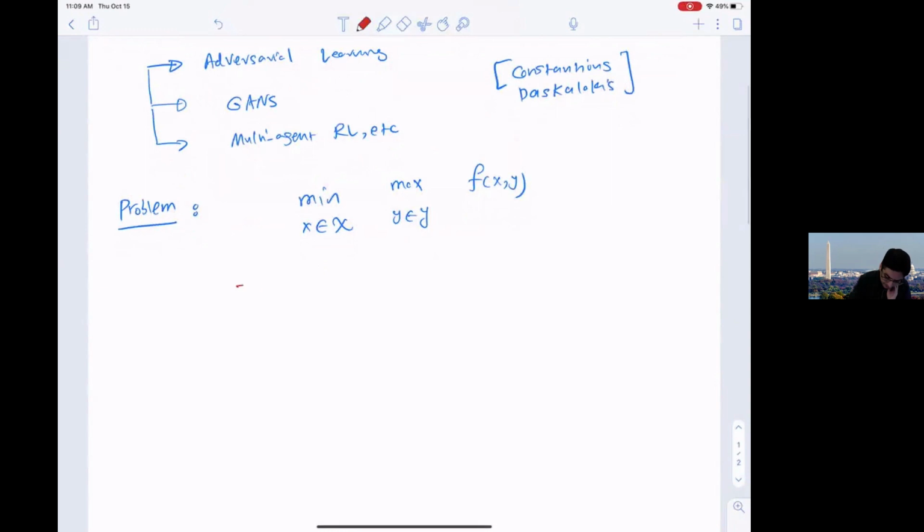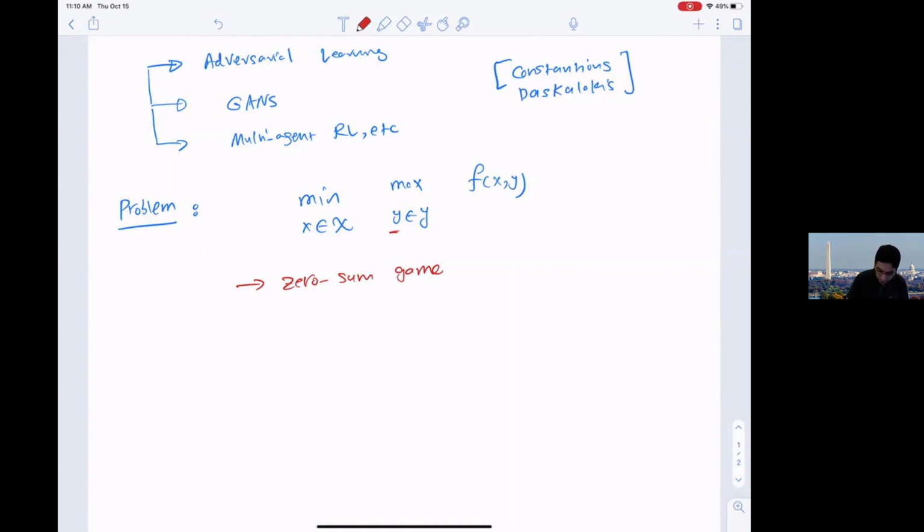So why is it zero-sum? Because you can think about both players maximizing an objective, player y maximizing f, and player x maximizing minus f. So the rewards for these players will sum to 0. That's why it is called a zero-sum game.